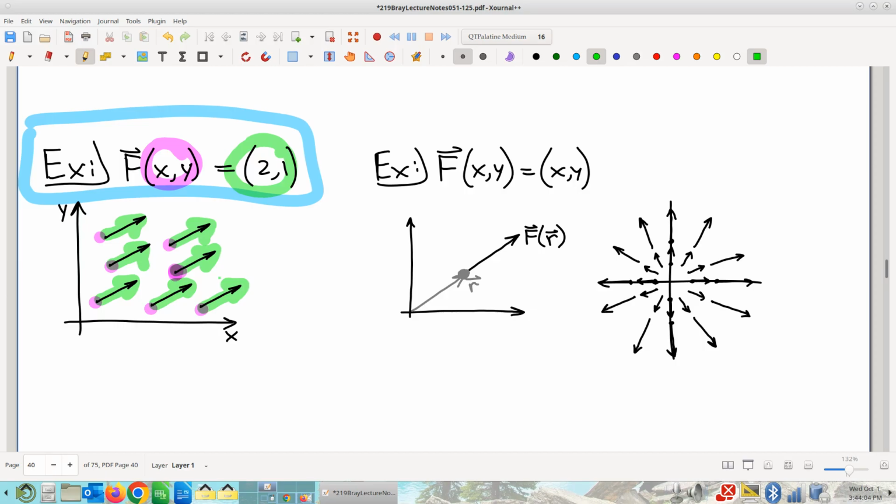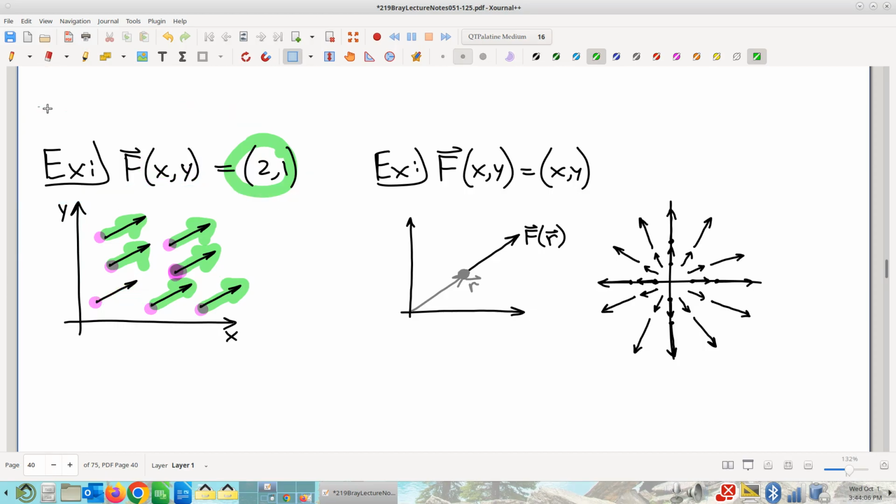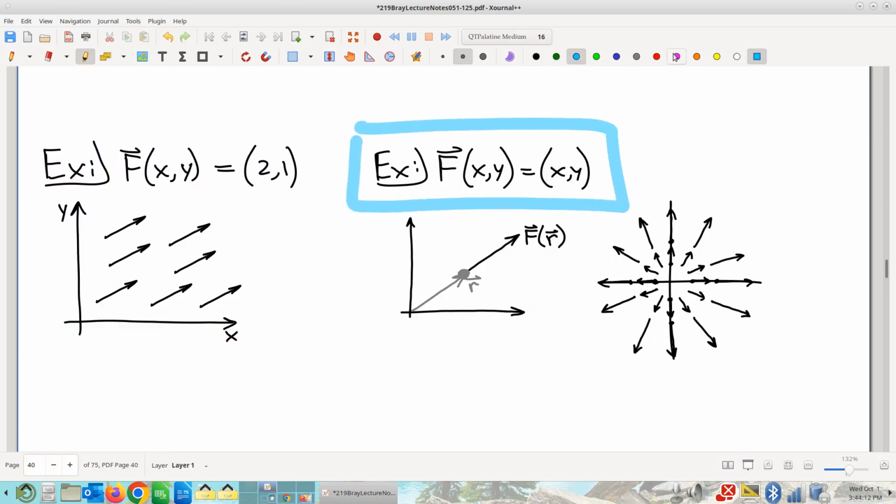All right, next example. Let's look at this one. Again, the rule is for any point, you look at the formula for the field vector, and then you draw what that field vector is. Now you're going to notice right off the bat, hey, x, y. Oh my God, look at that. The output's the same as the input.